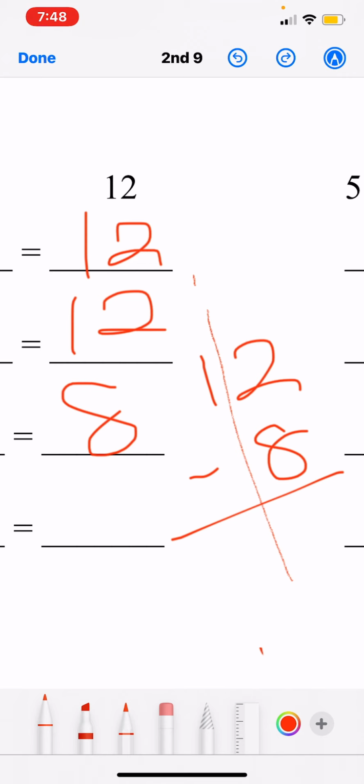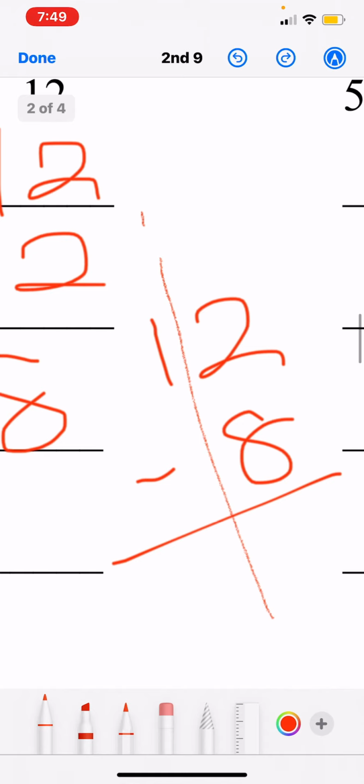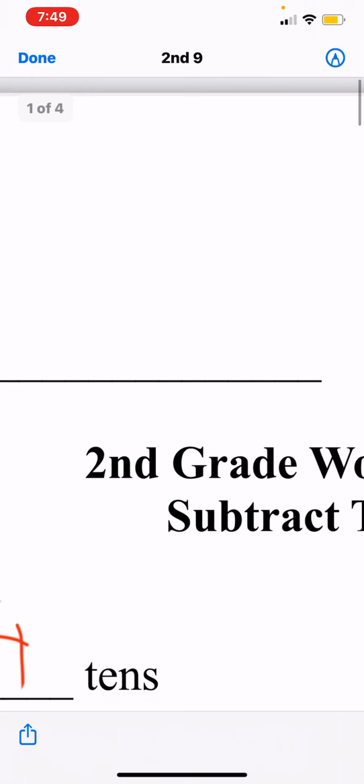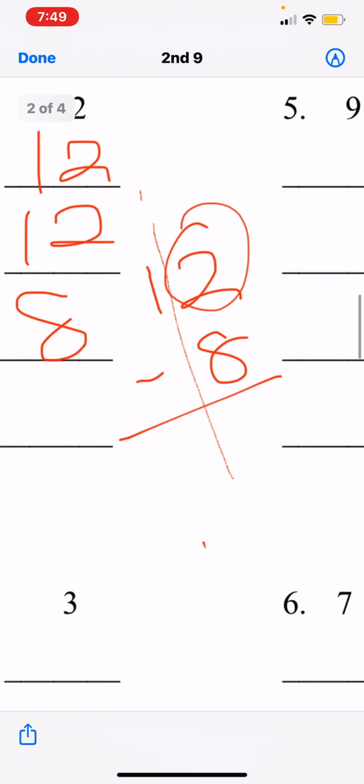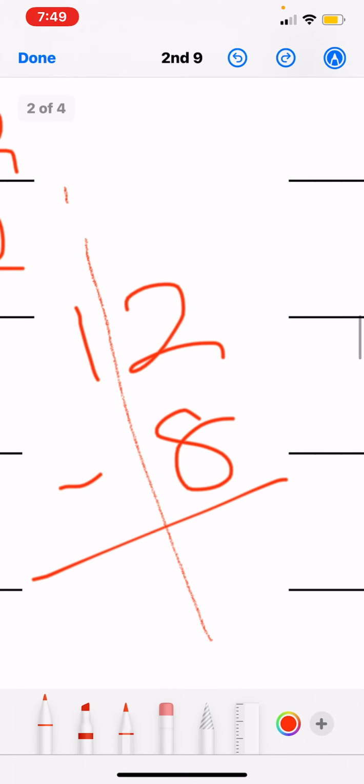So what we're going to do is first we're going to look at the 2 here. I'm going to put a 1 next to it.